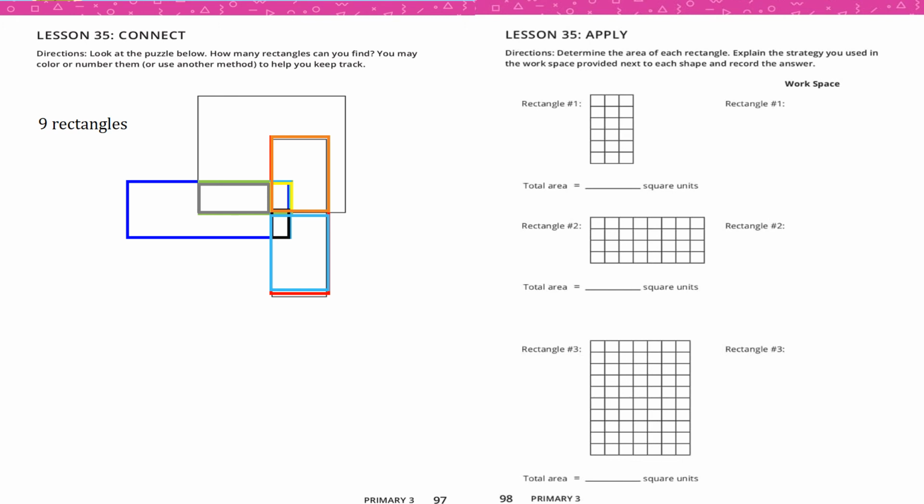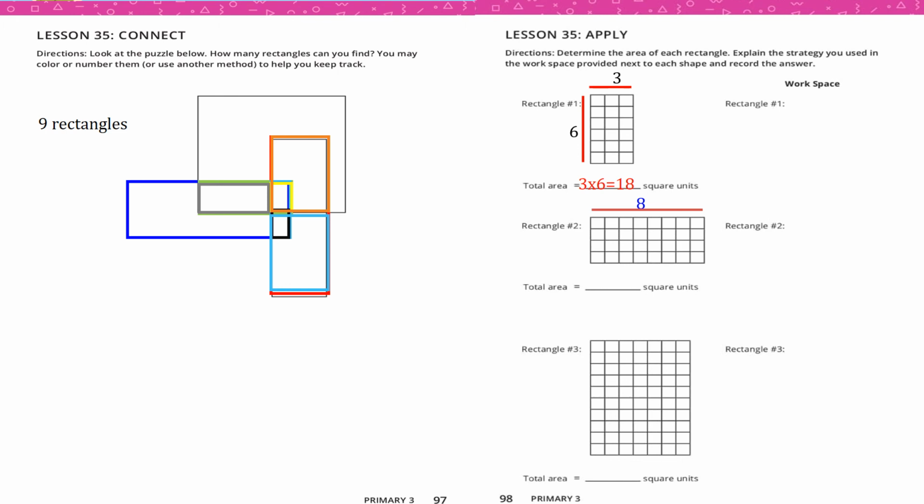How many rows here? 1, 2, 3, 4, 5, 6. We have 6 rows. How many columns? 1, 2, 3. So we can say the total area equals 3 times 6 equals 18.